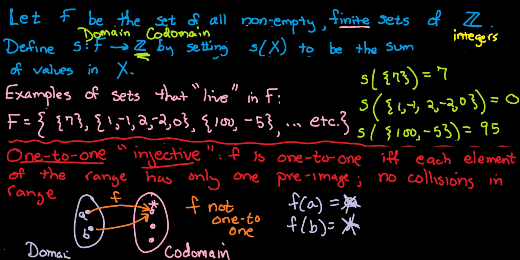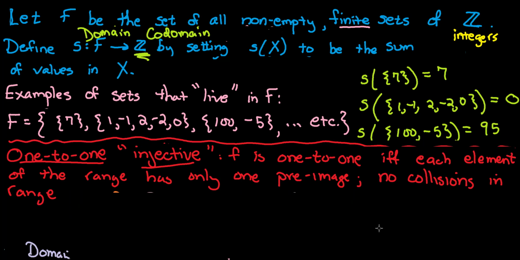So let's draw something that is one-to-one, that is injective. So let's draw a new function. So I'll start off here with our domain. I'll put 2 elements over there in the domain.